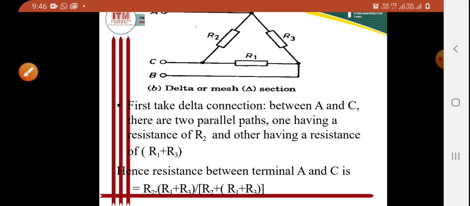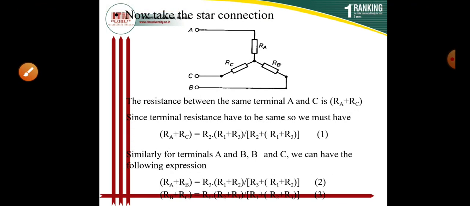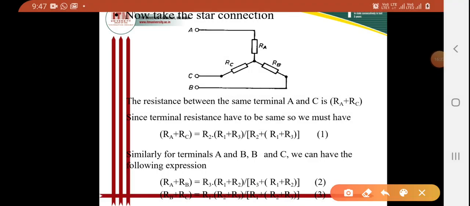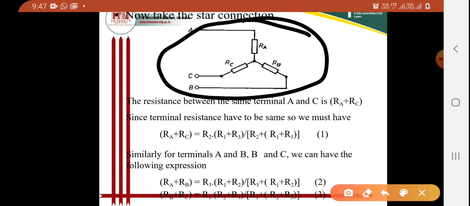So similarly, if I consider our star connection now, previously I have considered delta connection. In that delta connection, when we tried the calculation for equivalent resistance between two terminals, the third terminal we kept open, and accordingly we calculated the equivalent resistances.